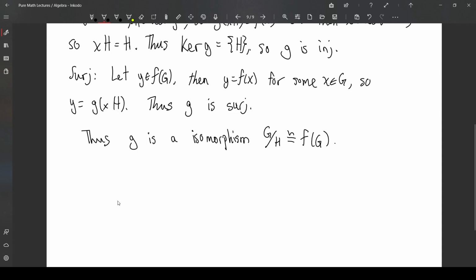Another way of saying it is that for any group homomorphism, G mod out the kernel of f is isomorphic to the image, which is a pretty astounding result. And it's one of the sort of key ideas in group theory. So that's it for this video, and in the next video we will cover more of these isomorphism theorems.